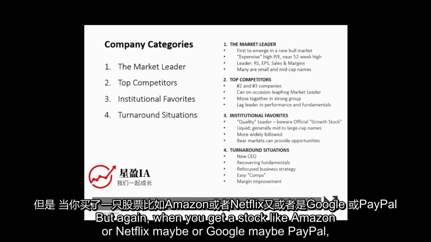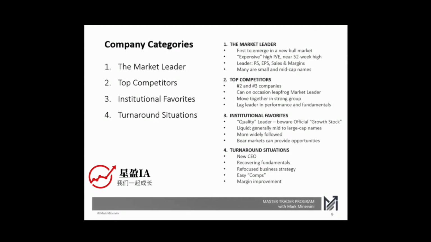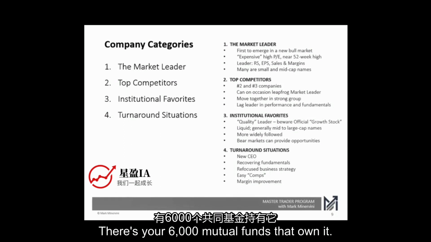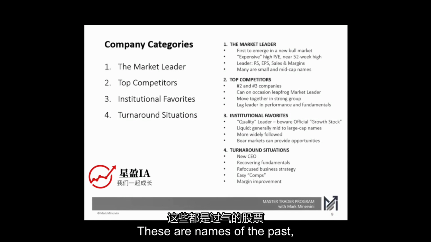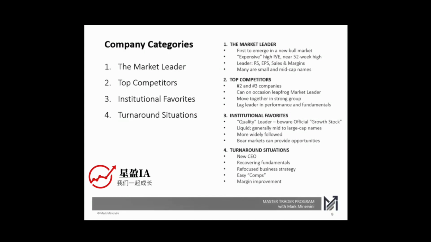But when you get a stock like an Amazon or Netflix maybe, or Google, maybe PayPal, some of these names that have made these enormous moves, 80, 100,000% over a decade or two, and you look at the institutional sponsorship, there's 6,000 mutual funds that own it. These are names of the past. The chances that they're going to be the next big market mover that makes another move like that is very slim. We've seen this, Dave.